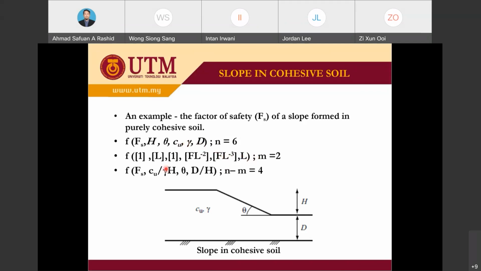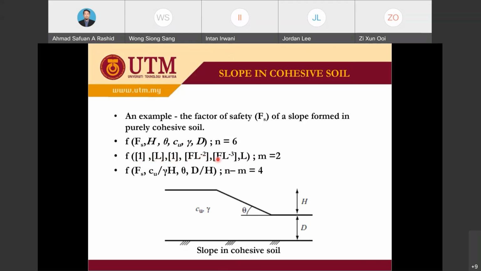Okay, so we need to count how many primary dimensions are in this derivation. L is 1. Okay, 1 is not considered a primary dimension. Then we have another one, F. This is still L, so we do not count it because it is already counted. So we have 2.